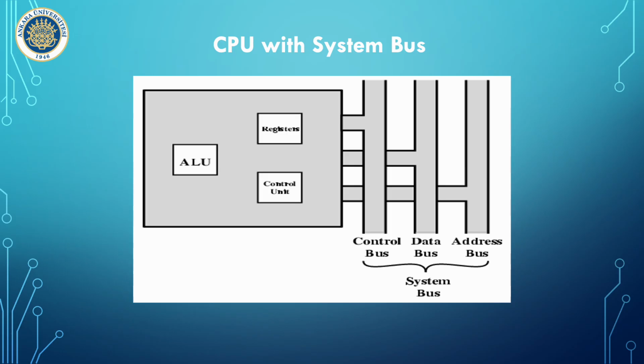The data bus carries the actual information being read or written. The control bus carries signals such as read, write, and interrupt. Together, these buses allow the processor, memory, and I/O devices to communicate as a complete system.